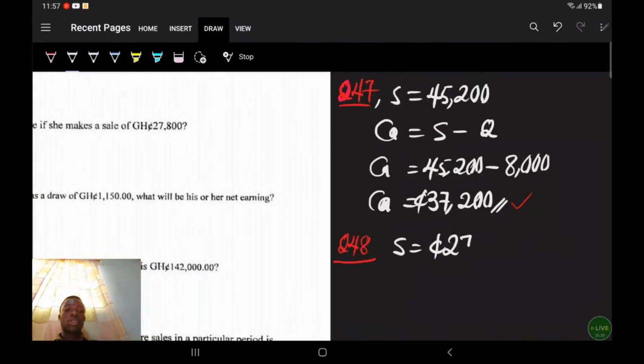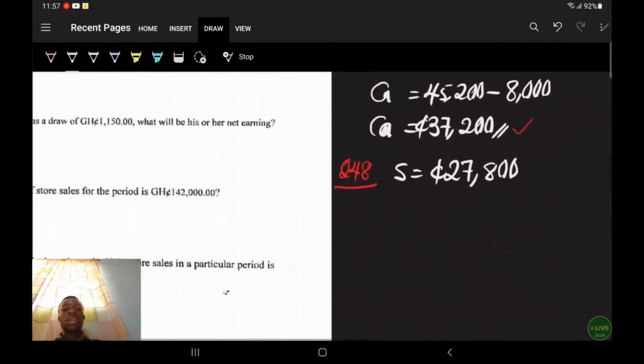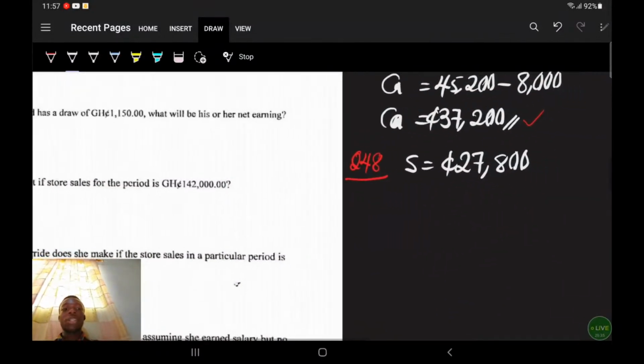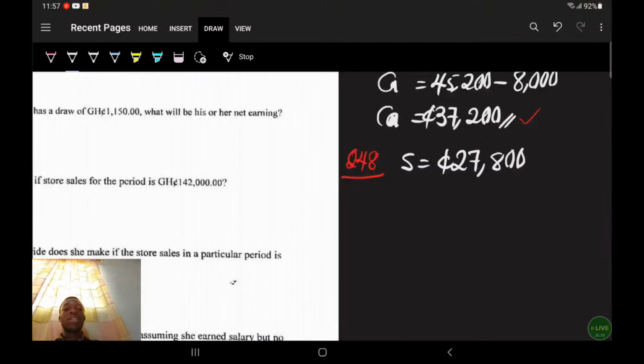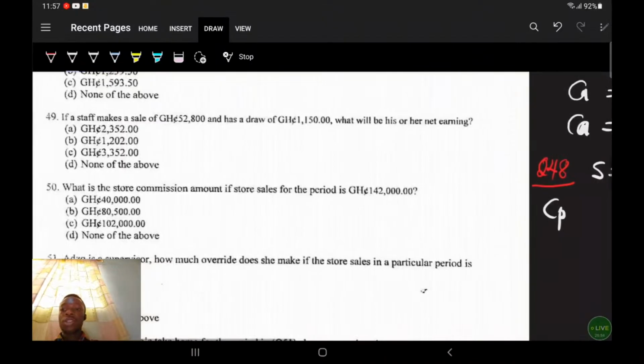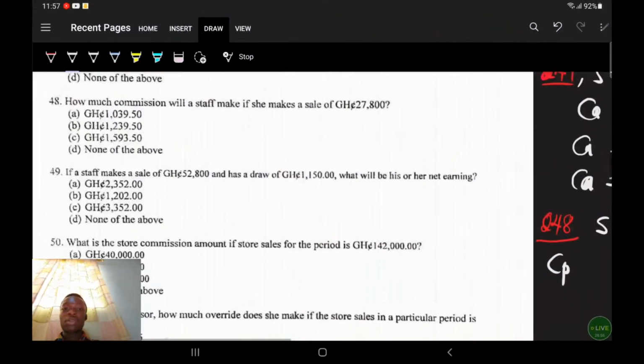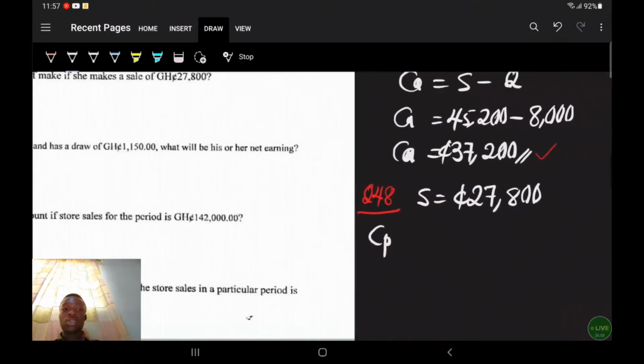27,800 is the sales of the staff. Since 27,800 is within the quota range, which is the minimum quota of 8,000 and the maximum quota of 50,000, you can use the total sales of the staff, 27,800, to work it out.